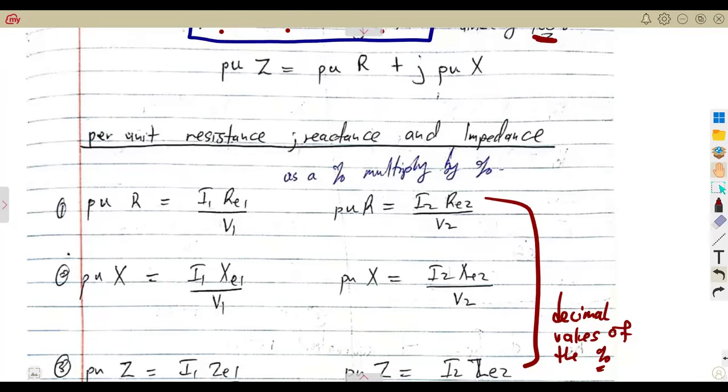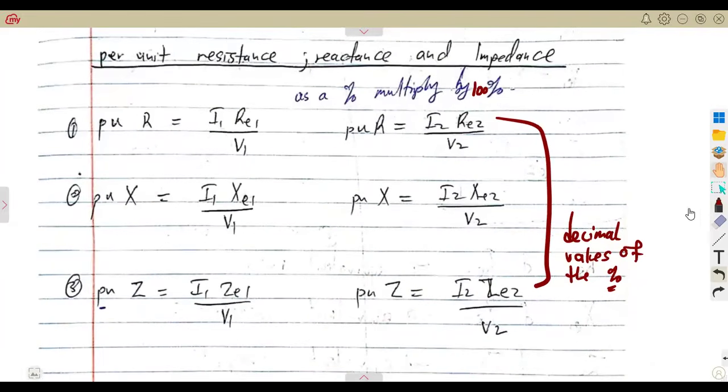by 100%. When they now ask you to have it as a percentage, they can ask you to say, calculate the percentage resistance. The percentage resistance is equal to the per unit resistance that you calculated, because it's a decimal of the percentage. So you multiply it by 100%.